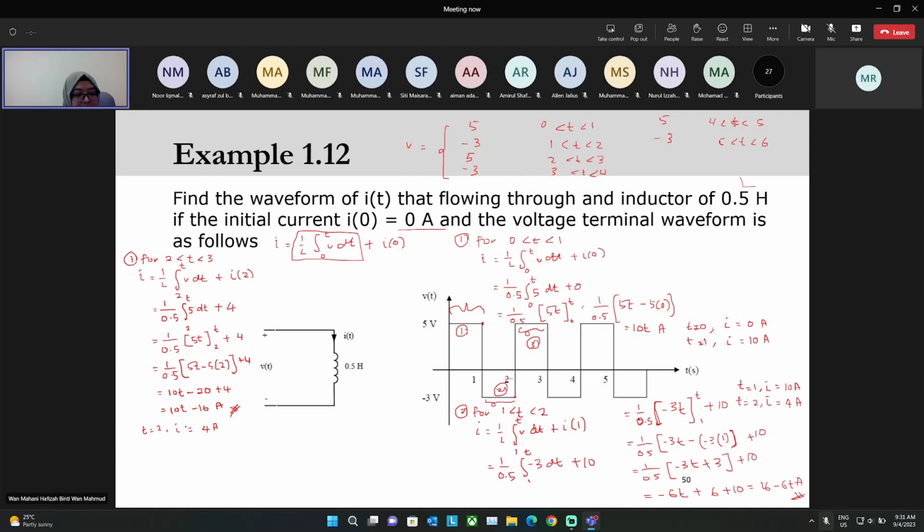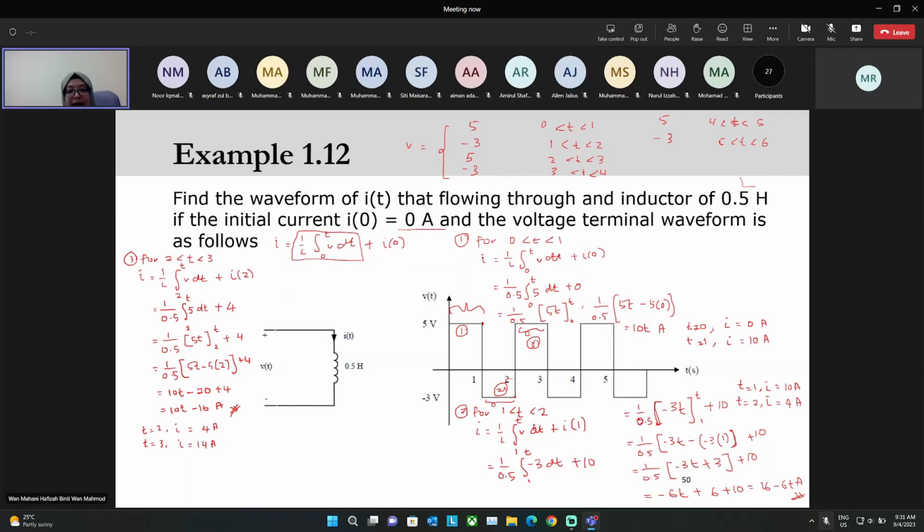So, that's how you know your equation is correct. Pada masa T3, I adalah 10 darab 3. 30 tolak 16. Dapat 14 ampere. Okay, ini untuk senggat ketiga. So, continue lah untuk senggat 3, 4, 4, 5 dan 5, 6.